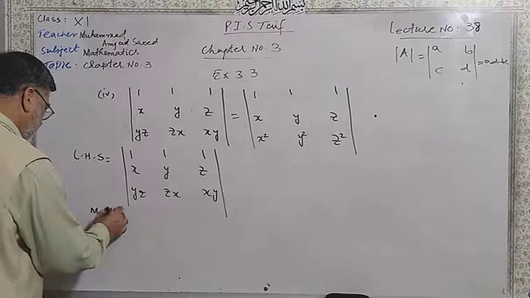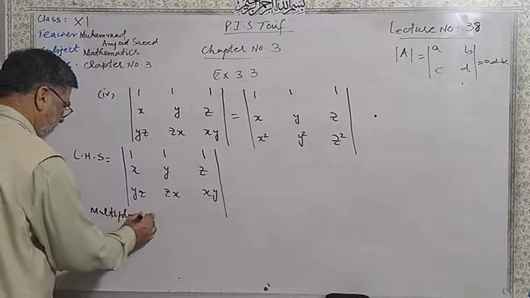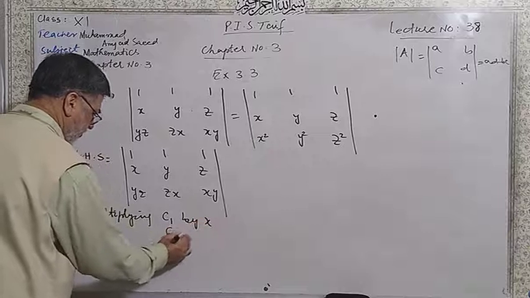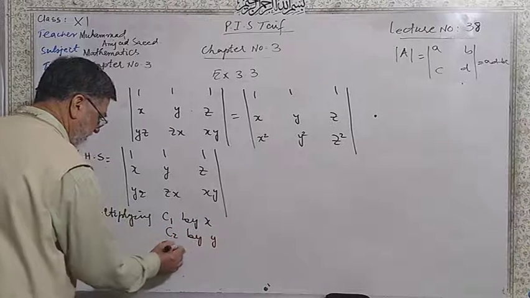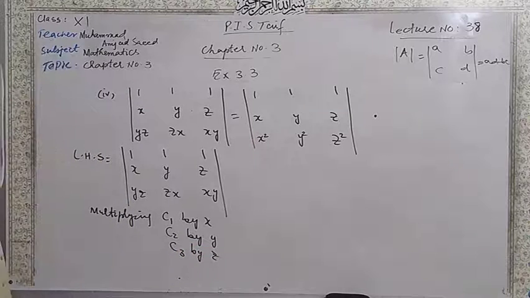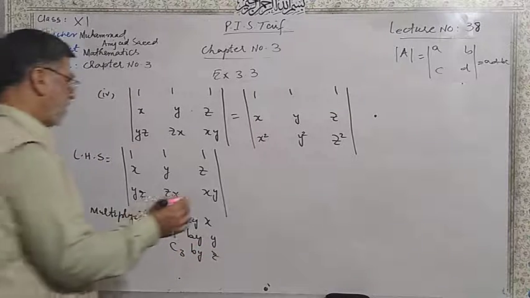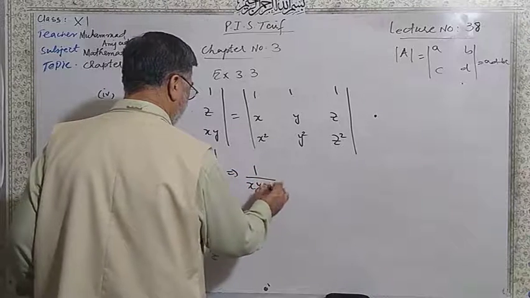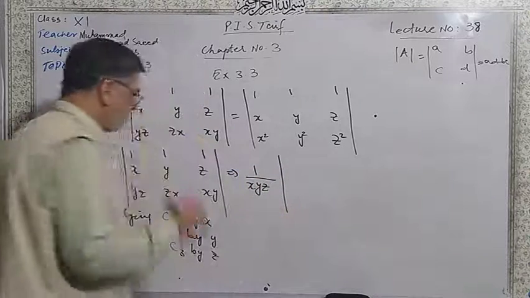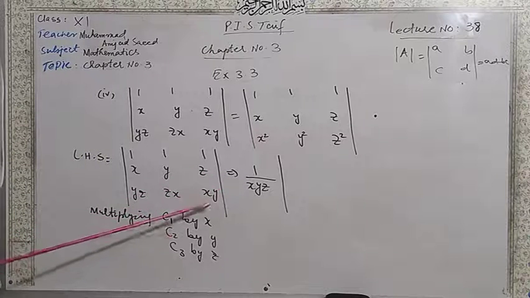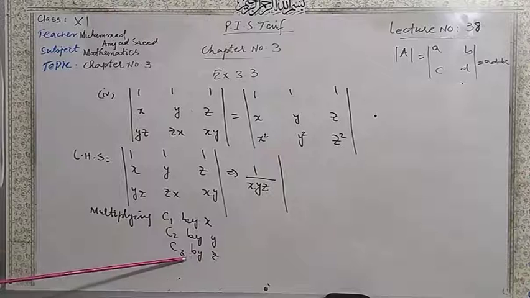Multiplying C1 by x, C2 by y, and C3 by z. And remember that you are multiplying inside and outside. You will divide. For C1 divide by x, for C2 divide by y, for C3 divide by z.